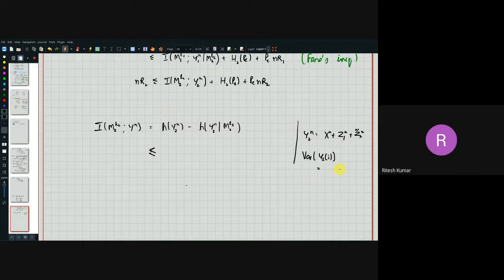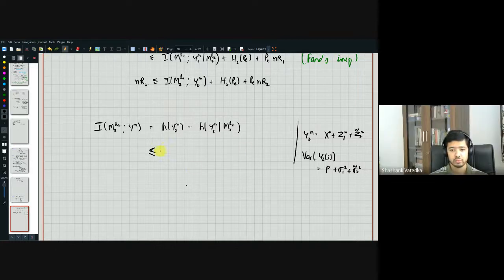Sigma 1 square plus sigma 2 tilde square plus P, for X^n. Okay. Since this is the variance, we know that the differential entropy is maximized for a given variance when the random variable is Gaussian.